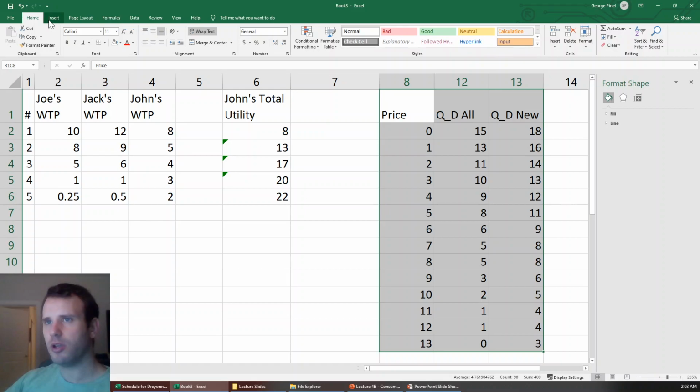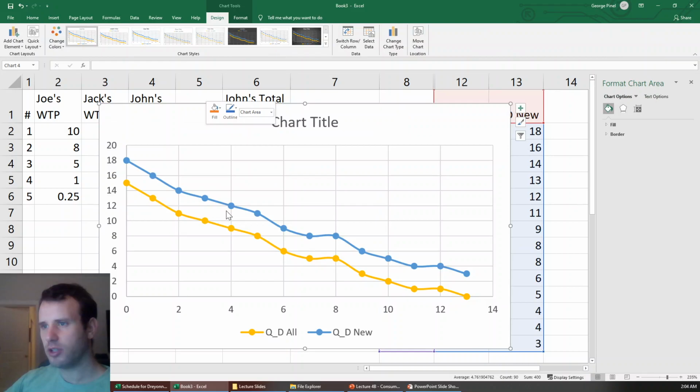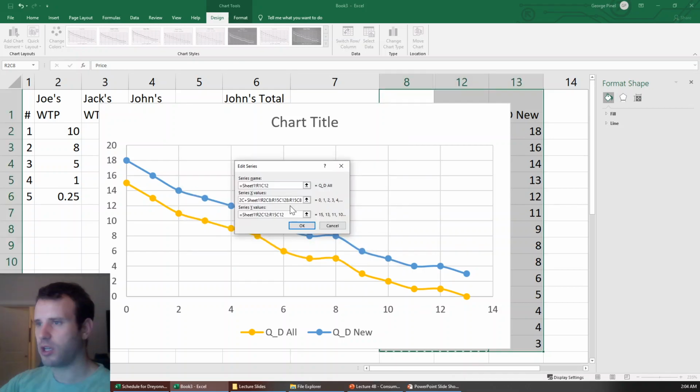So an insert, I want to do my graph as a scatter plot down here, and then I want one with the line. And then I want to do that same data trick. So I want to select data. I'm going to edit. All right, and I'm going to change this to, 1 second. Excel is really annoying because you can't use the arrow key to select like that.